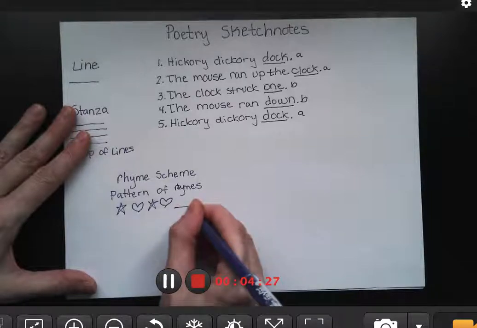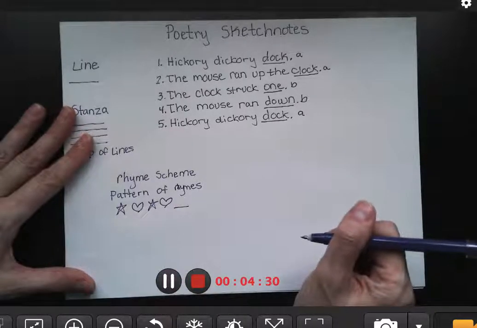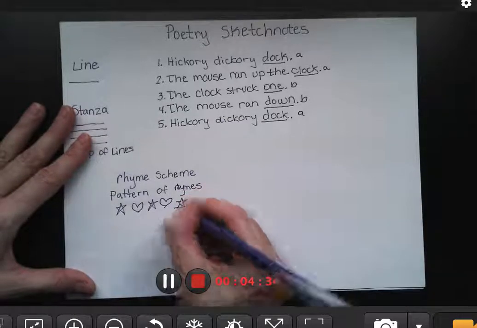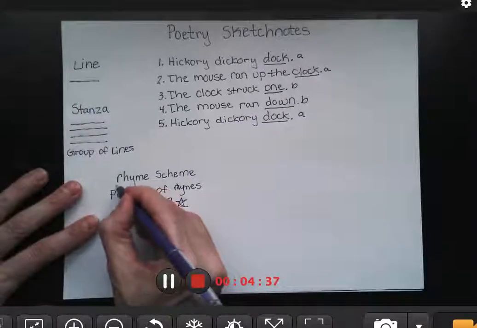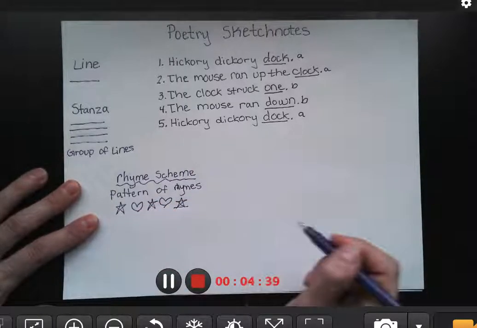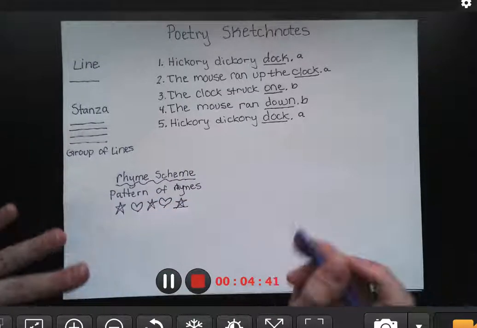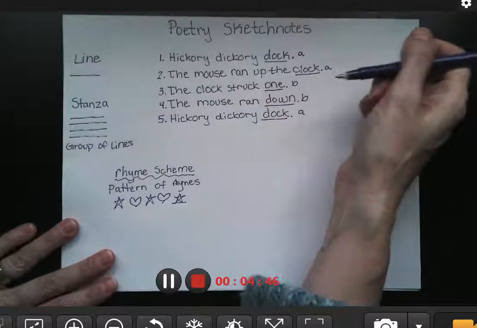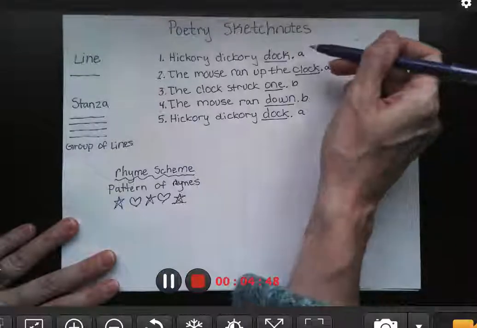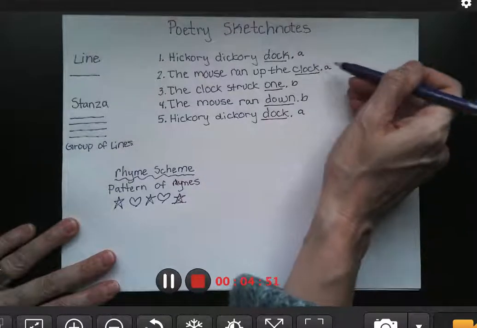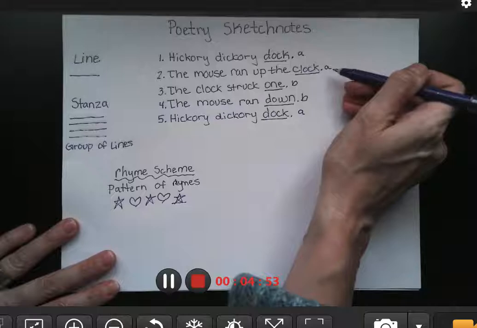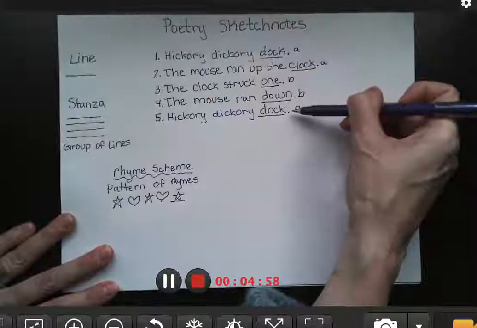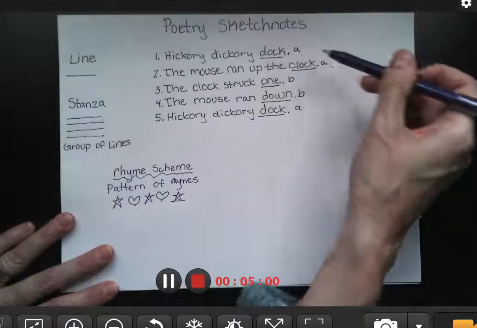What should come next in this pattern? You're right, it's going to be a star again. Well, with a rhyme scheme, it's very similar to that, only in this case, it's the rhyme. So this dock and clock have the same sounding word. So we're going to call those our A rhyme. One and down would be our B. A for dock rhymes back up with the top again.